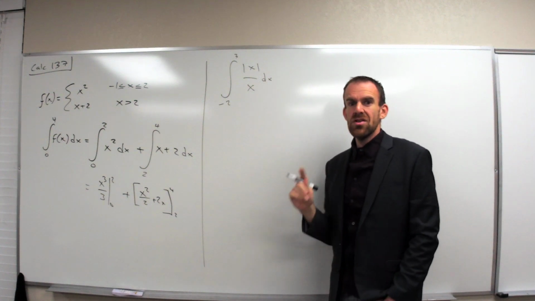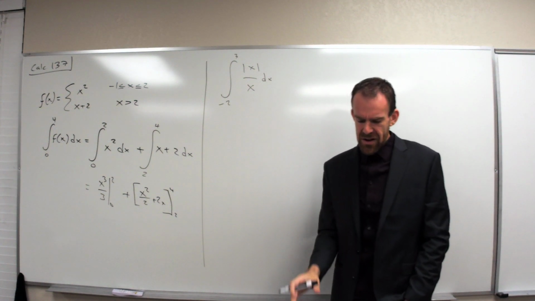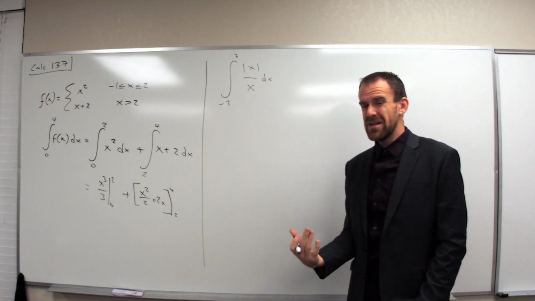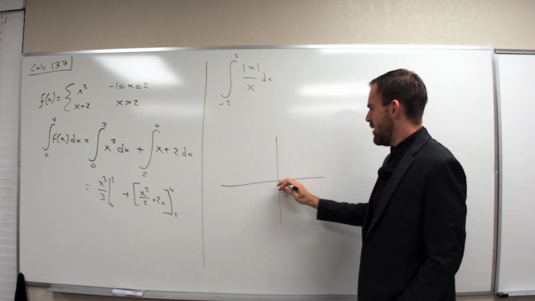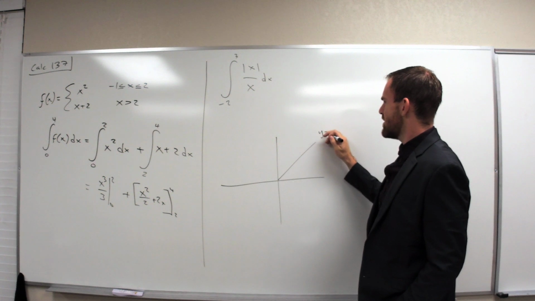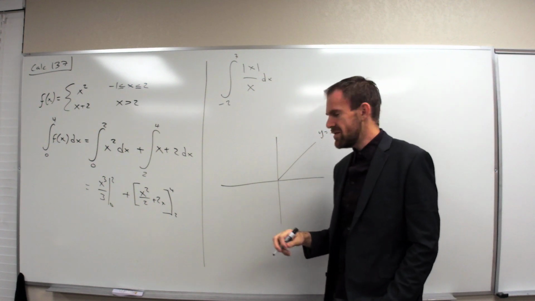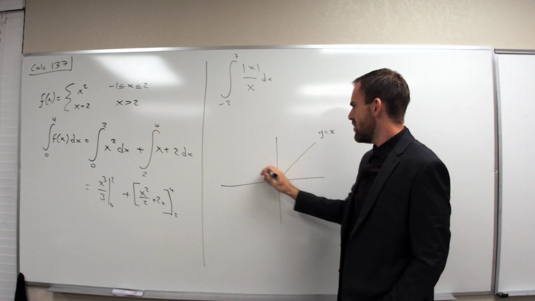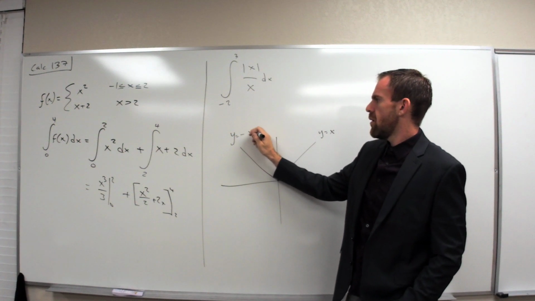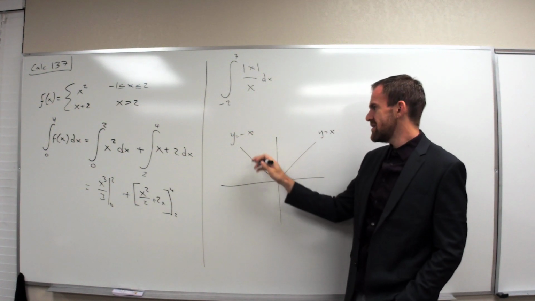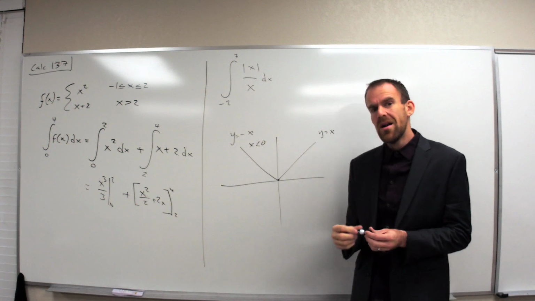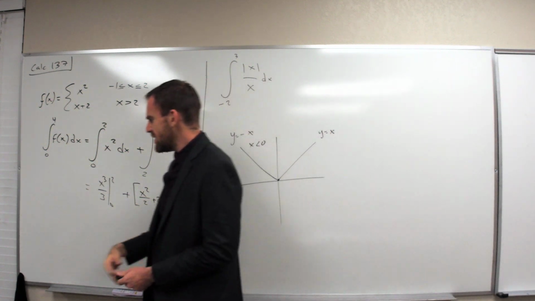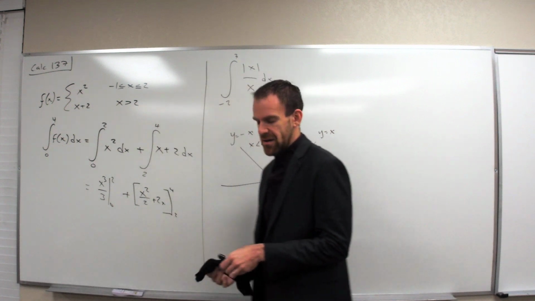Now this doesn't look piecewise, but the absolute value function is always a piecewise function because if you think about it, it is y equals x for x is greater than or equal to 0, and it's y equals -x for x is less than 0. So you automatically have a piecewise function anytime you have the absolute value.